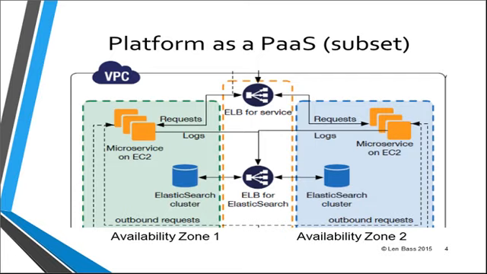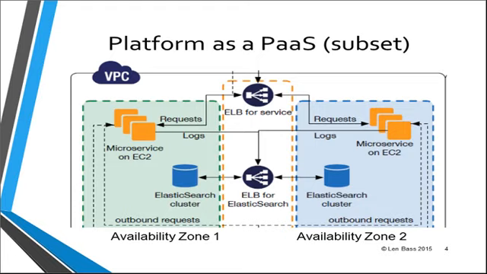I'm sorry, it's the Elastic Beanstalk. It scales for you. So it's a deployment tool and a scalable tool, and that would work for the services. They would deploy it using Elastic Beanstalk, and then as the demand grows, it scales, and as the demand shrinks, it unscales. And it does this in two different availability zones.